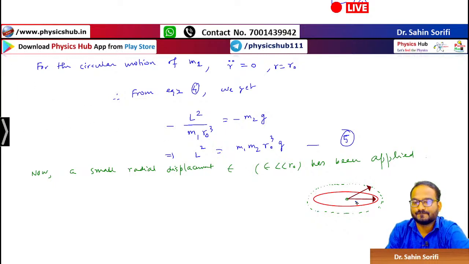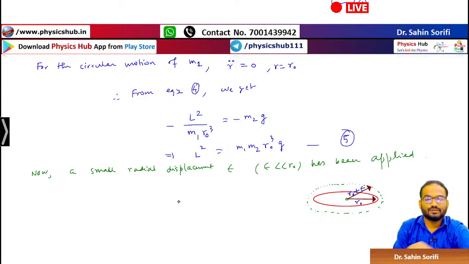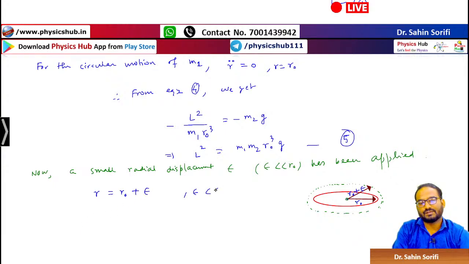This is r naught, and this is r naught plus epsilon. So now what is the radial displacement? r is equal to r naught, as it was previously, plus the displacement epsilon, with epsilon much less than r naught.